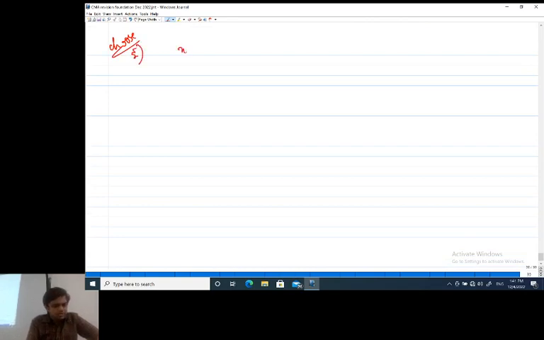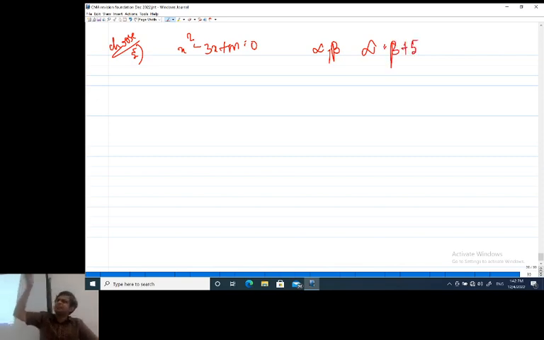So given equation x squared minus 3x plus m equal to 0. Now what have they given? The value of one root exceeds the other root by 5. So if I take alpha and beta are the roots, alpha equal to beta plus 5. You can even take beta equal to alpha plus 5. That is your headache. Okay? So what is the sum of roots in this? Minus b by a, which is 3 by 1, which is 3.